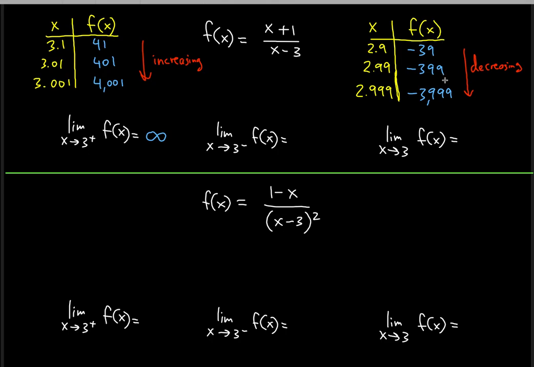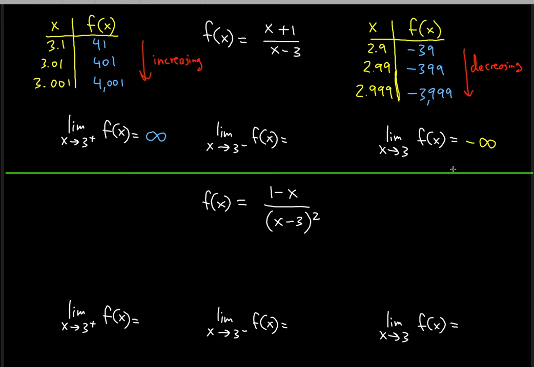Right, so it tends to negative infinity here, because it infinitely falls to really, really small numbers as we get closer and closer to 3 from the left side, for finding the left-sided limit. So the left-sided limit seems to be not found either. So it's going to be just negative infinity.